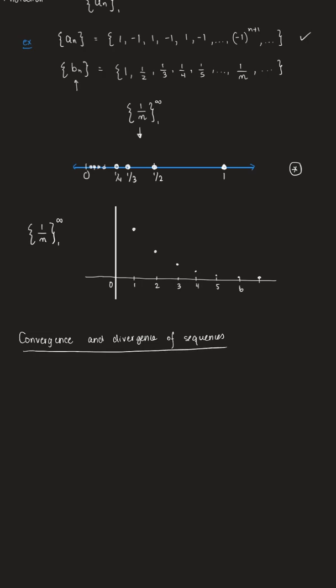So if our sequence, in general we'll call it a sub n, converges to a number L, what that means is that if I look at the limit as n gets really large, further down the list of the nth term, those terms are approaching some specific value L. And we call L the limit of the sequence.